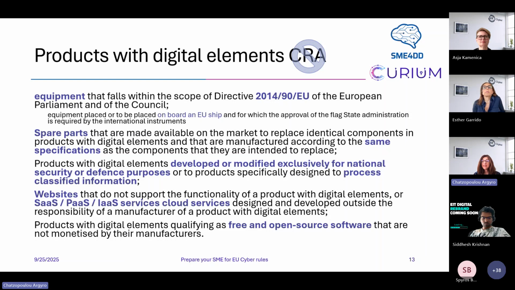We all know that a lot of products with digital elements that will fall under the scope of this regulation will have components that are open source software, and still there is a way to deal with that. But this exception only talks about products that are open source and are not monetized by their manufacturers, so they're freely given.